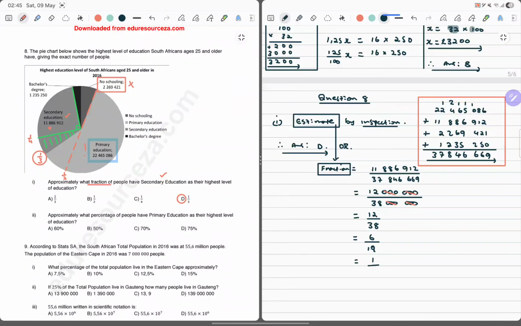And 6 into 19, it goes into 18 3 times, some change. So can you see this is indeed very close to a third? You can even look at it that way. Or if you want, you can say 19 into 6 goes how many times?